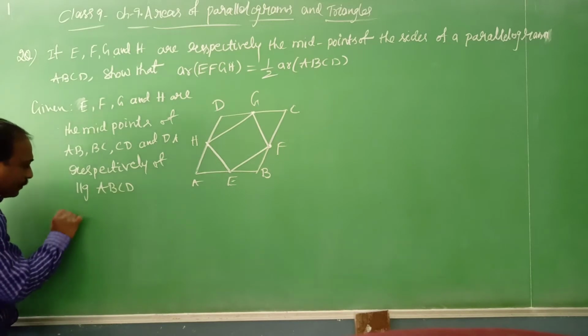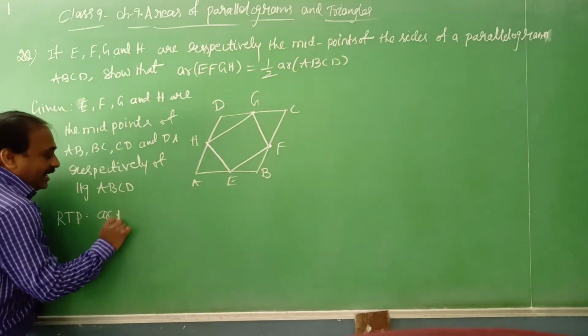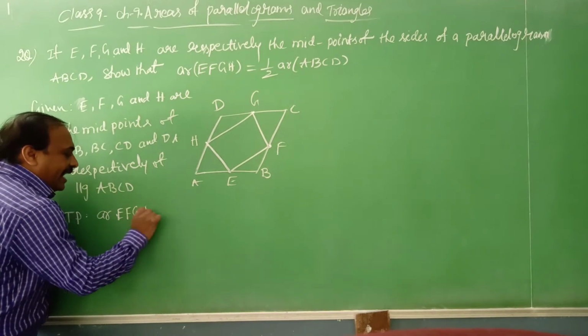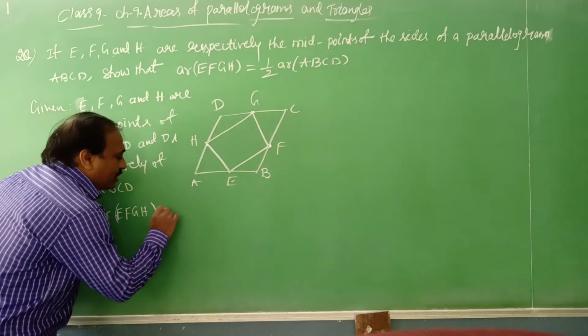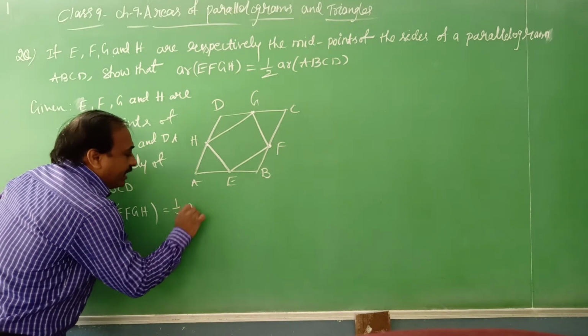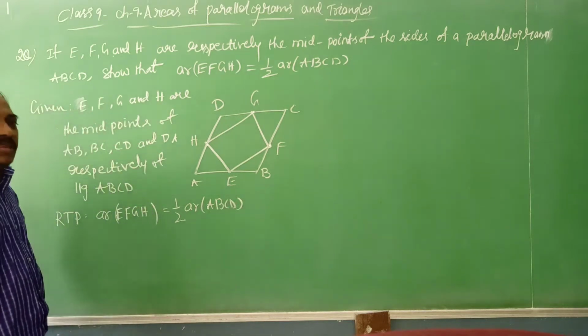We are required to prove that the area of EFGH is equal to half of the area of parallelogram ABCD.